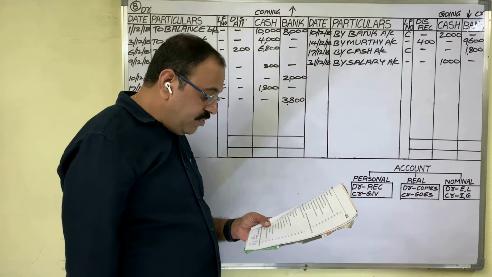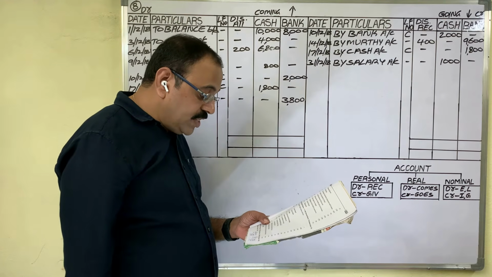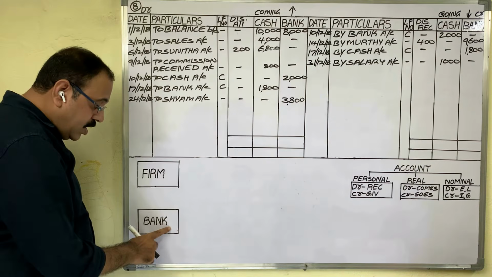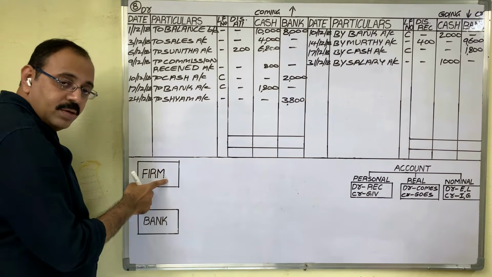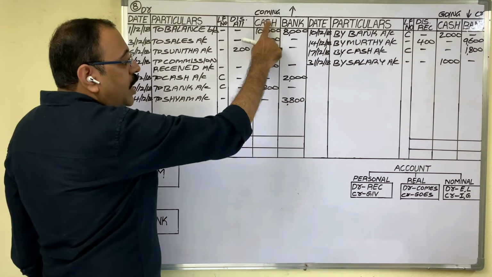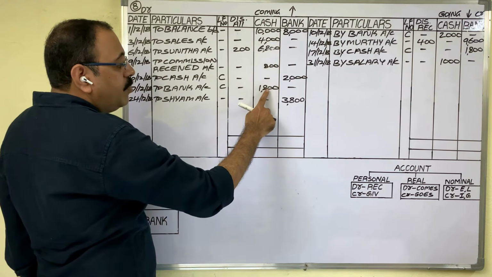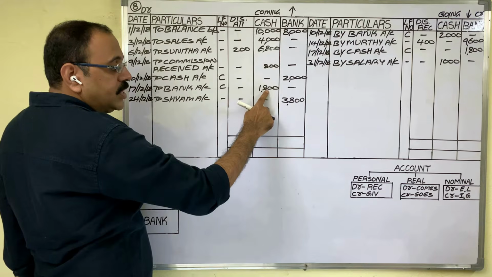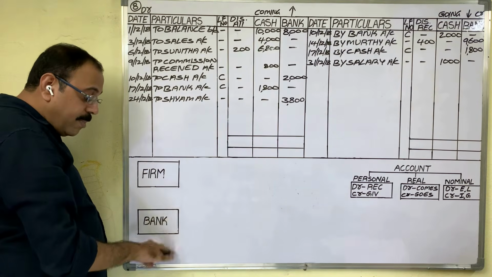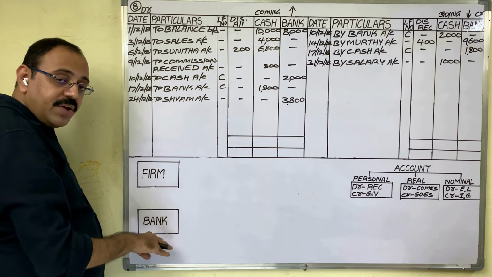Next, on 17th date, withdrawn cash from bank for office use. From bank, we withdrew money. Cash is coming. When cash is coming, debit side cash column it appears, 1,800 rupees. From bank, we withdrew money. So bank balance decreases by 1,800.